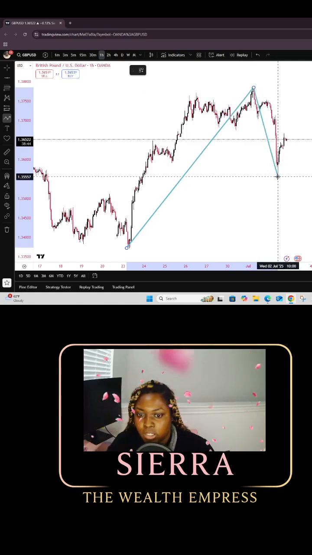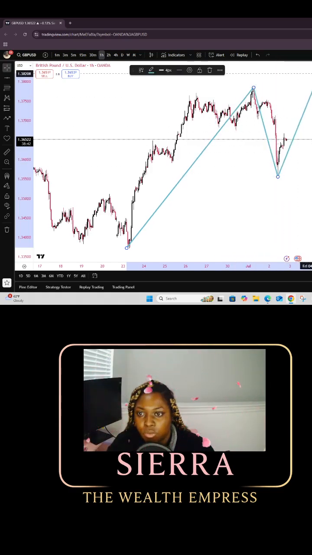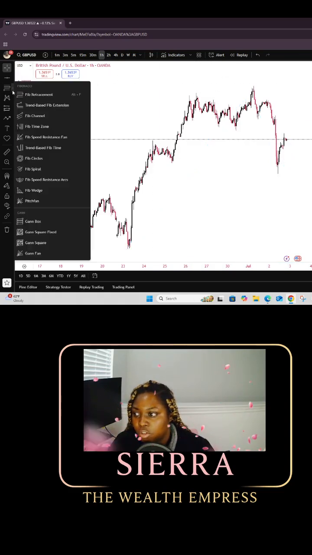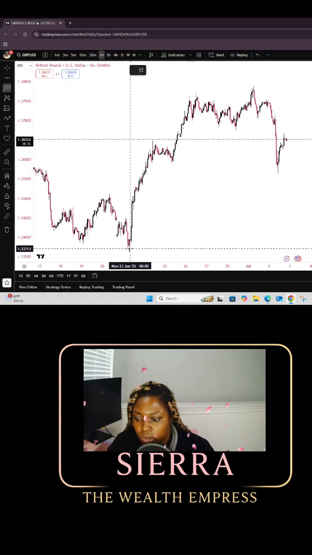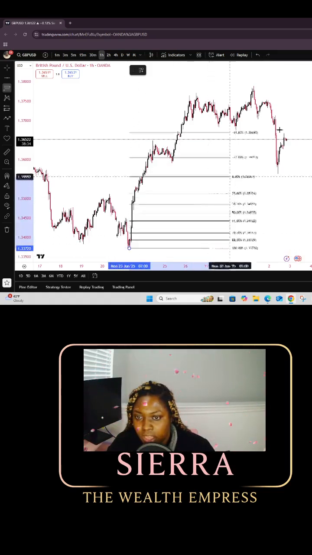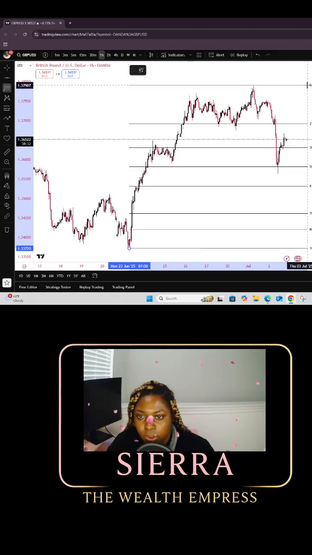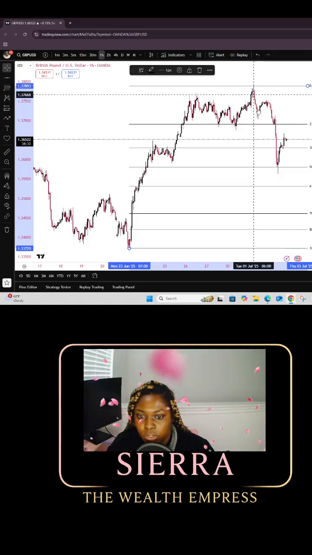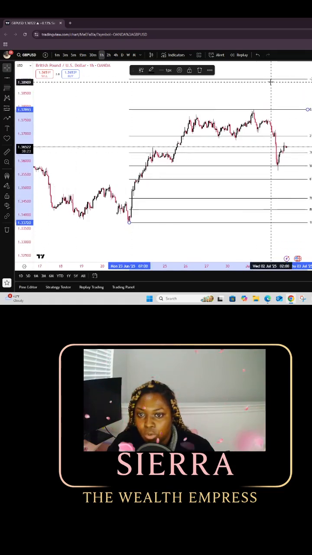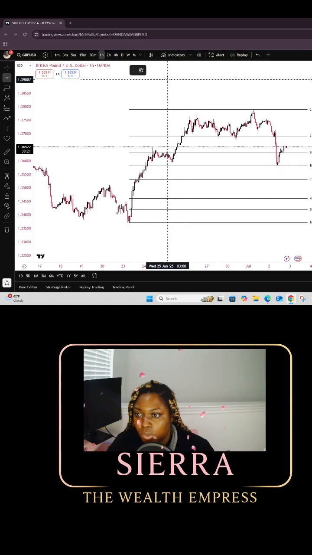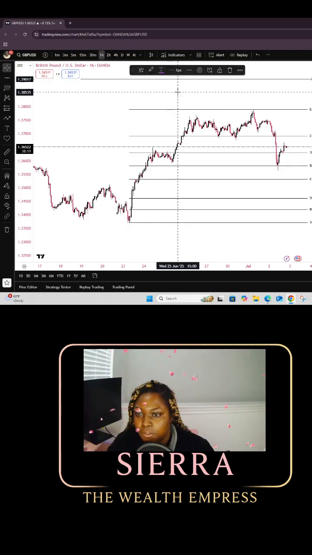This was our correction, and now I'm waiting on the continuation. Okay, so you use your Fibonacci retracement, and you come down here to the low that started the impulse. Okay, and then you put the 0 at the high that started the retracement. Price pulled back to the 50%. So I'm looking for price to come to the negative 27 for my TP.